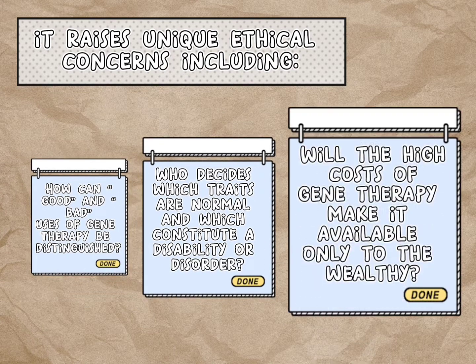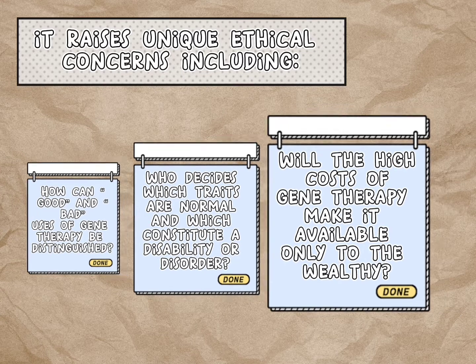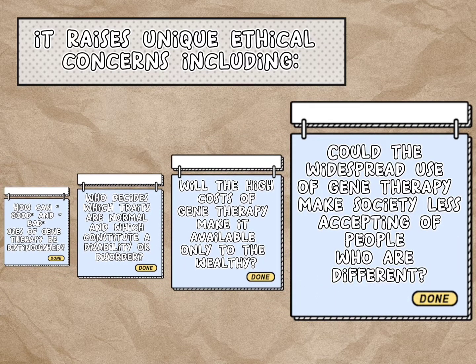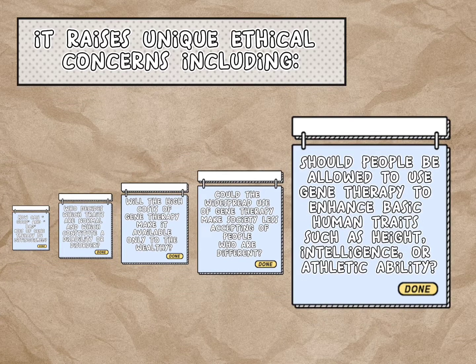Will the high cost of gene therapy make it available only to the wealthy? Could the widespread use of gene therapy make society less accepting of people who are different? Should people be allowed to use gene therapy to enhance basic human traits such as height, intelligence, or athletic ability?